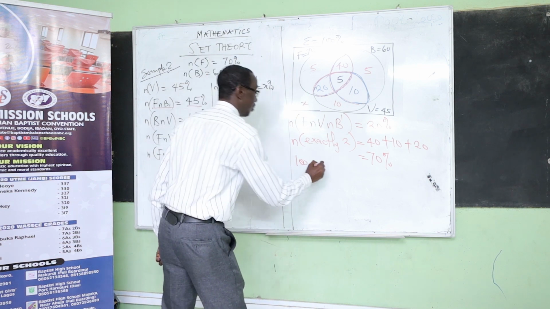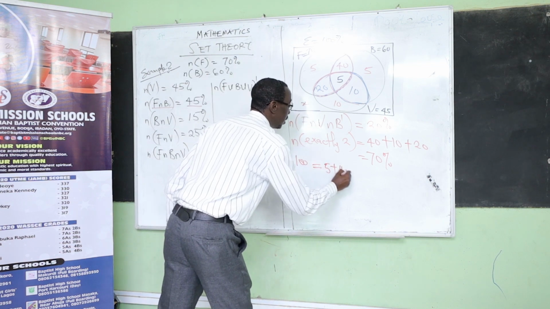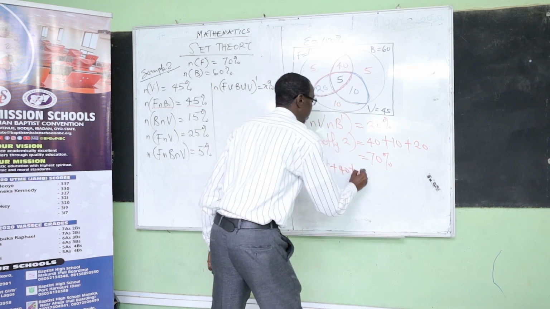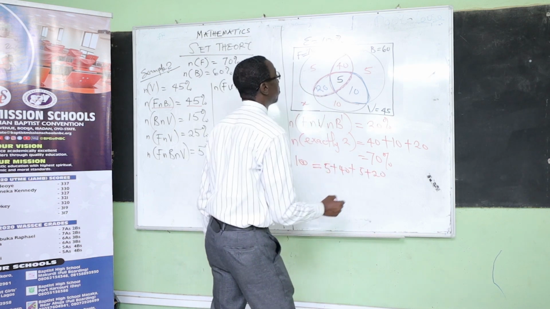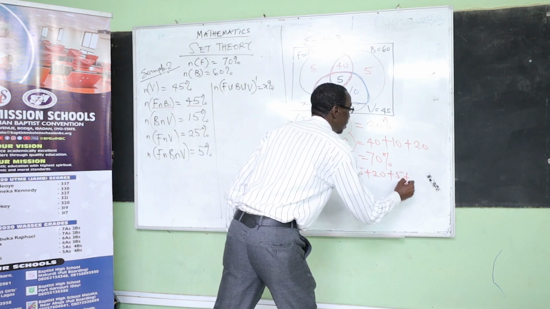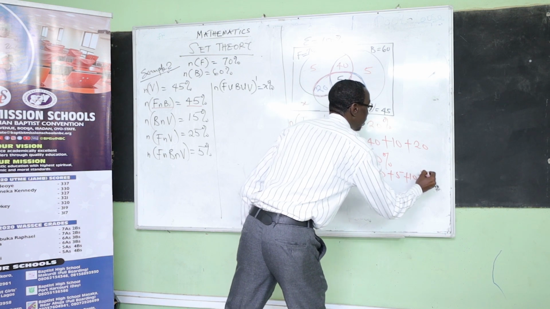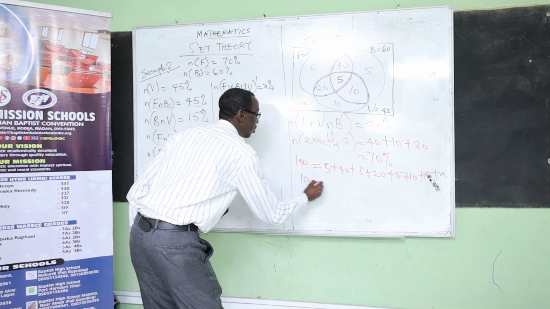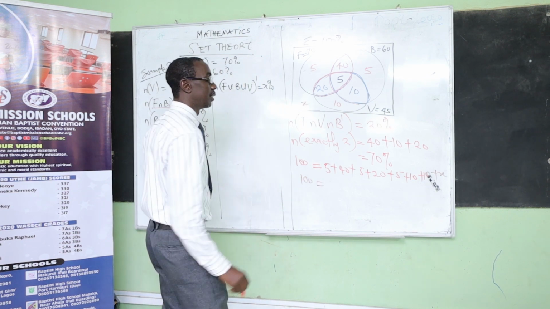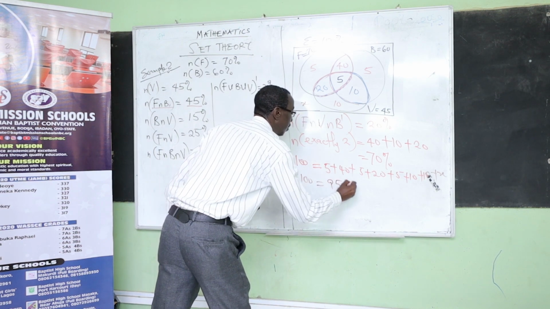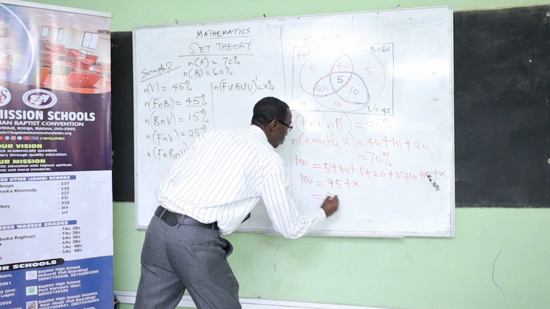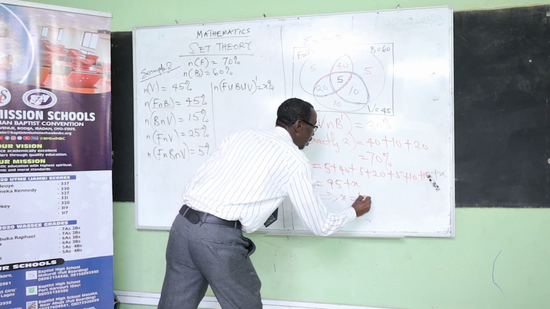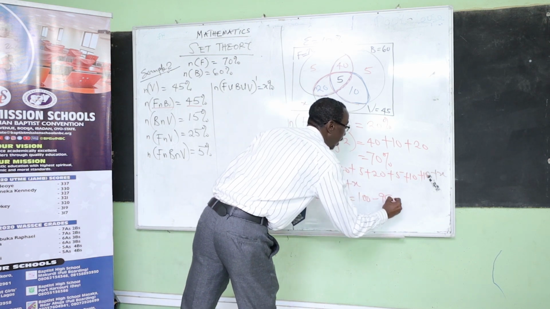So can we take it 5 plus 40 plus 5 plus 20 plus 5 plus 10 plus 10 plus X. We have 100 is equal to what? 95. This implies that X is equal to 100 minus 95, and that is 5%.